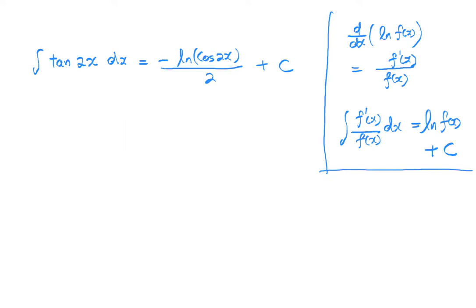Okay, if I always bear that in mind, then when the question asks me to integrate tangent 2x dx, I will straight away change the tangent to sin over cos. Am I right? So I have this form. But whatever is on top is not the derivative of the bottom, am I right?